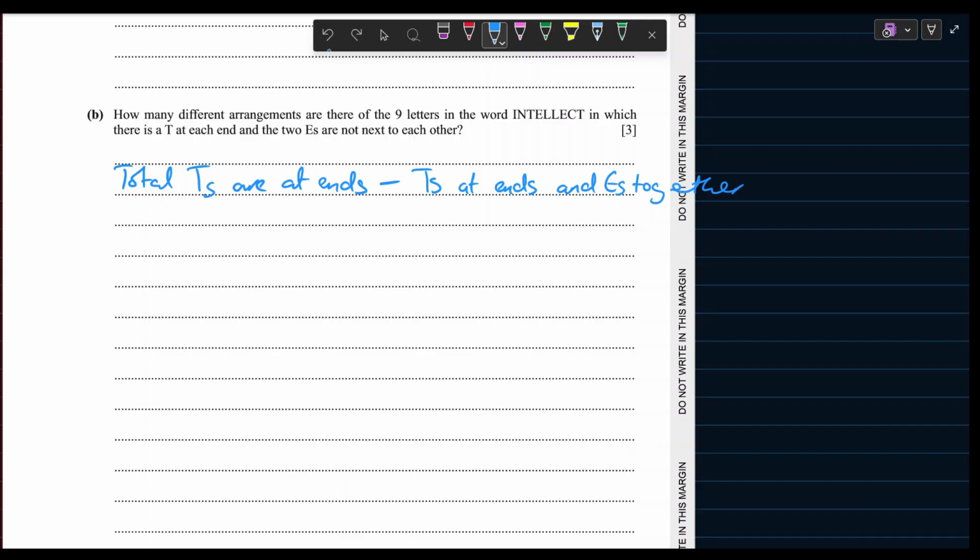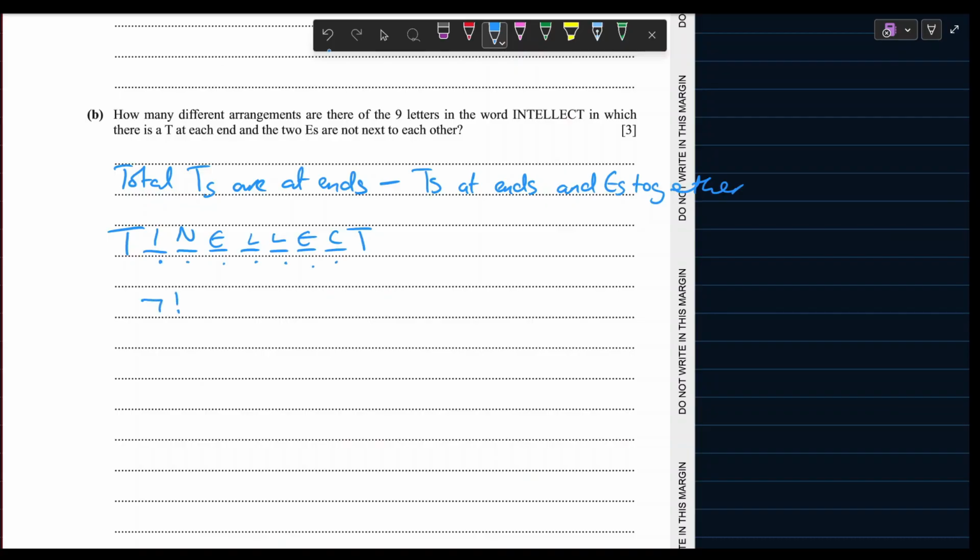So for the total where the T's are at the ends, we're going to have a T here, then 1, 2, 3, 4, 5, 6, 7, and the other T here. So that's I, N, E, L, L, E, C. All right, so because the T's are fixed in position, we are not going to include them in our calculation. So we're rearranging 1, 2, 3, 4, 5, 6, 7.